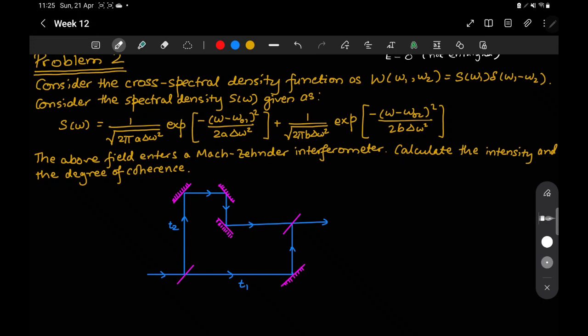Consider the spectral density S omega given as follows. It is a sum of two Gaussian expressions centered at different frequencies omega 01 and omega 02. The above field enters a Mach-Zehnder interferometer. Calculate the intensity and the degree of coherence.